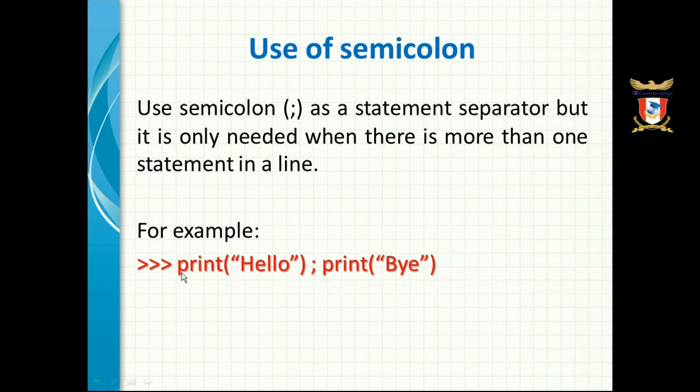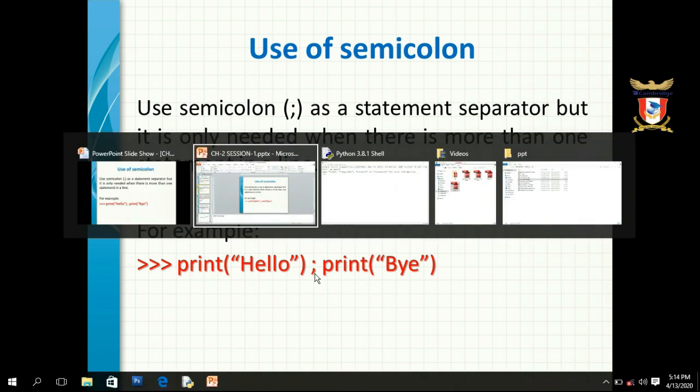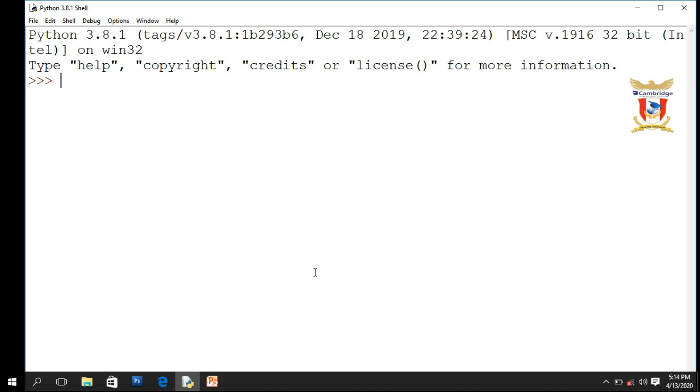If we type print hello and press enter and print bye in the next line, that is okay. But if you want to write these statements in a single line, then you have to type semicolon. You have to put a semicolon symbol in between these two statements to indicate to the Python interpreter that this one is the end of this statement. For example, let's try.